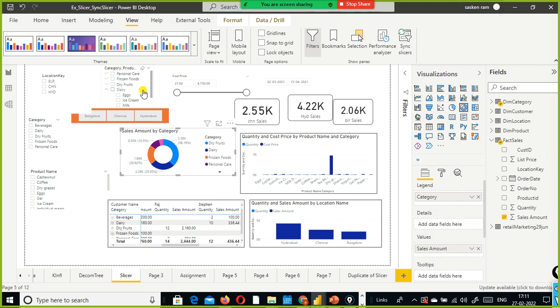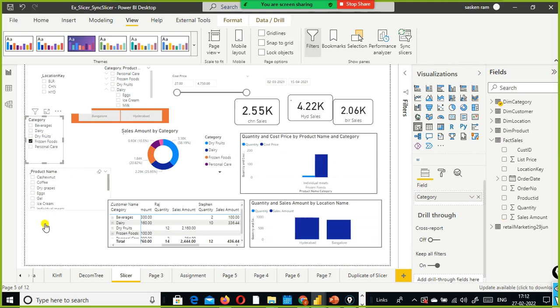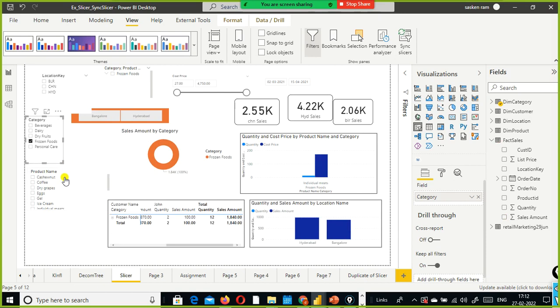And next one is the cascading. We discussed cascading. For example, if I select a specific category here, only the corresponding products should get filtered in the product slicer. For example, if I select frozen foods, it should show only the products that are specific to frozen foods, in this case individual meats.